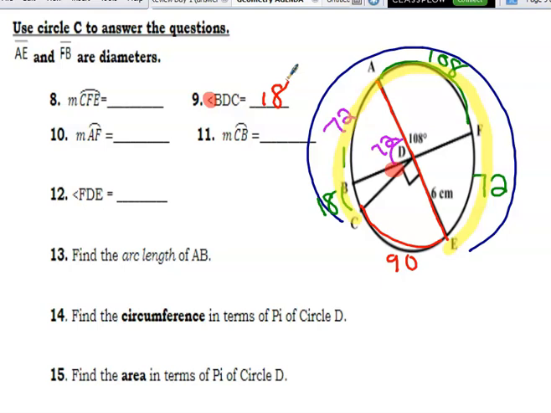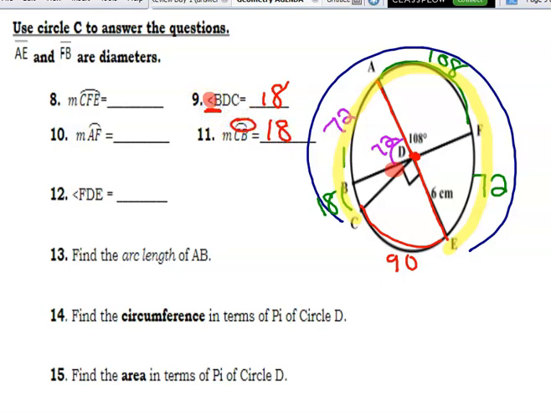All right, AF. A to F would be 108. AF is 108. CB, C to B is 18. It'd be the same as the angle because it goes through the center. It's worth the same, arc compared to angle.